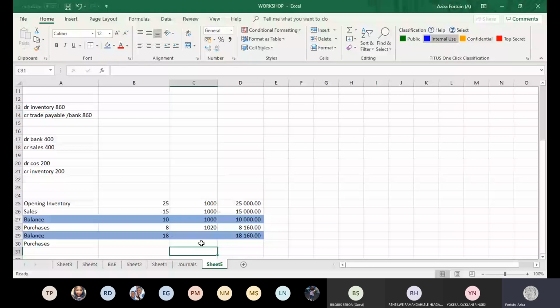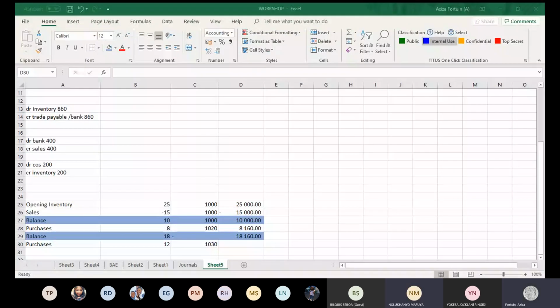So the next one they say purchase 12 units at 1030. So what is 12 times 1030? 12,360.